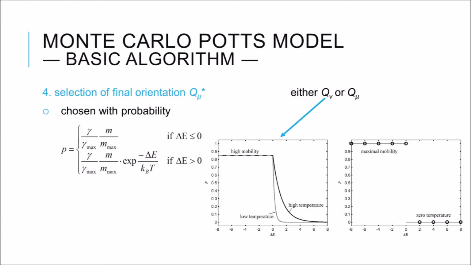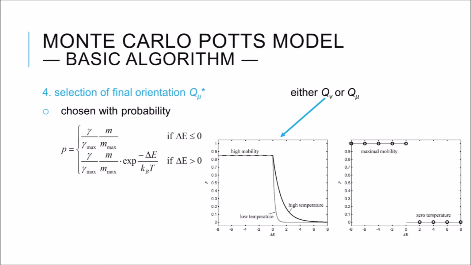It means if the difference in energy is smaller or at least 0, then we see that with a certain probability, for example with a high mobility, there is a high probability to accept this new orientation. It basically means that we are reducing the energy of our lattice.